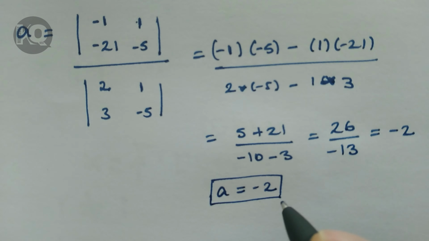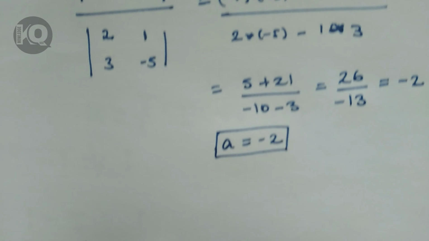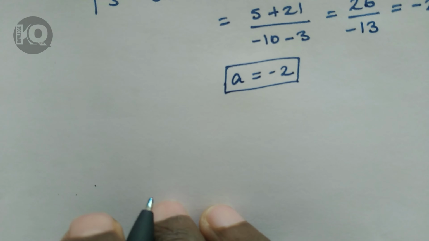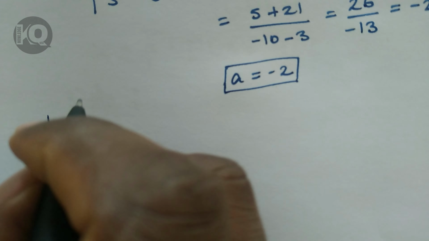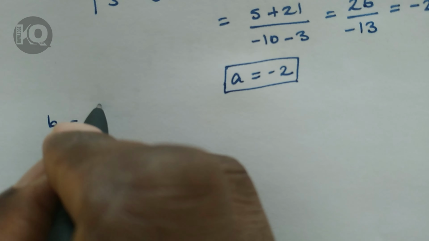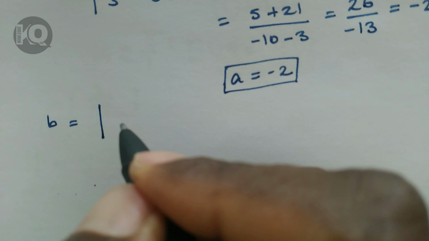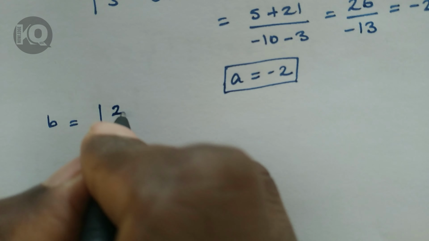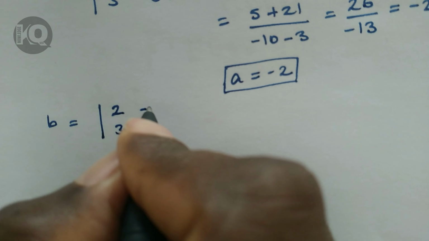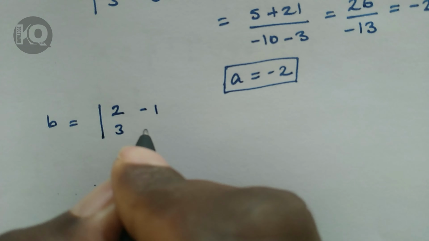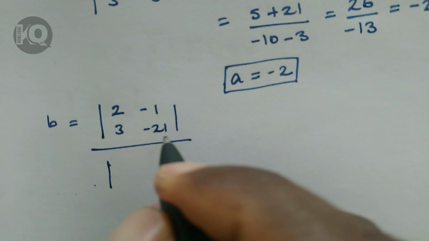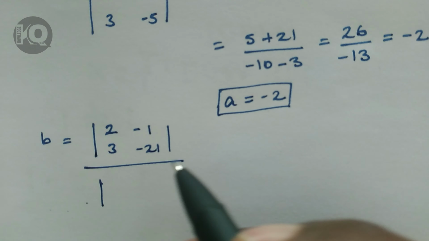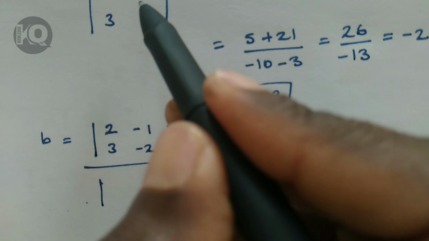In a similar manner, we can determine the value of b by using the determinants of the numerator and the denominator. The numerator matrix is 2, 3, minus 1, minus 21, divided by the determinant of the coefficient matrix. We can take directly the determinant of the coefficient matrix, which is minus 13.